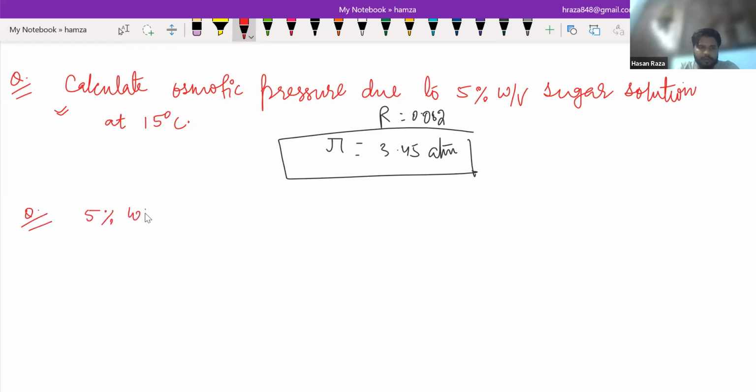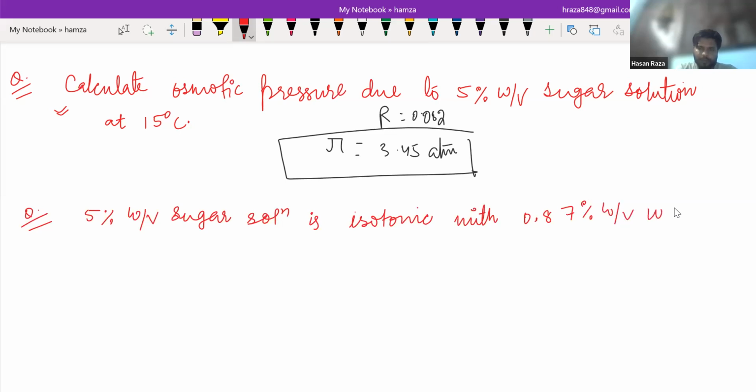5% weight by volume sugar solution is isotonic with 0.87% weight by volume urea solution.